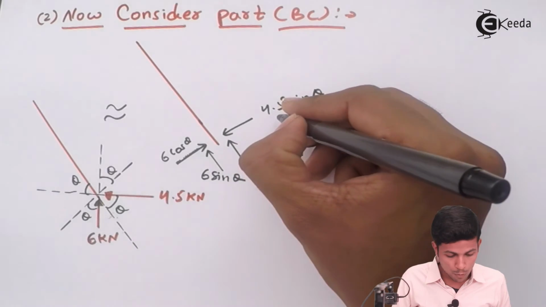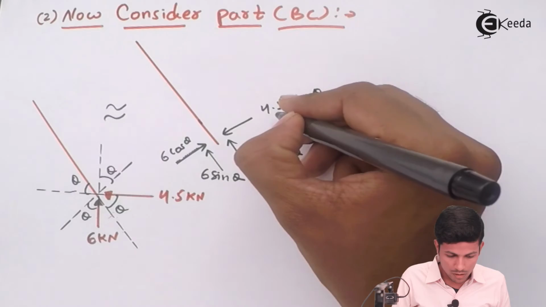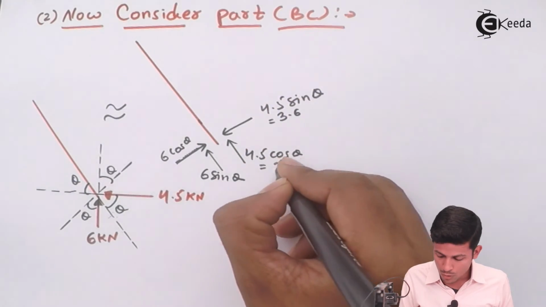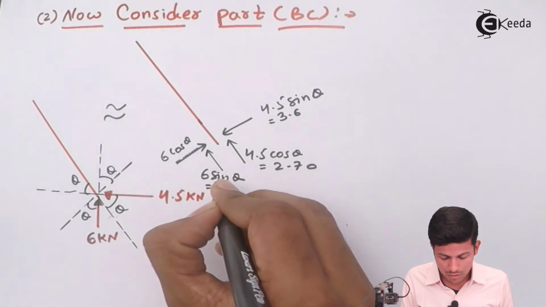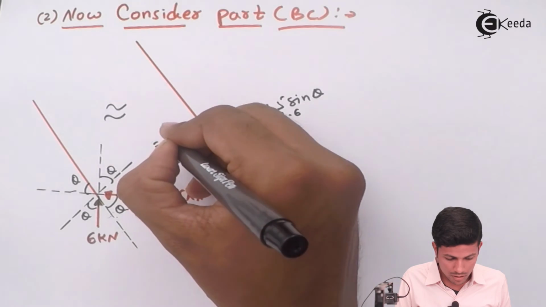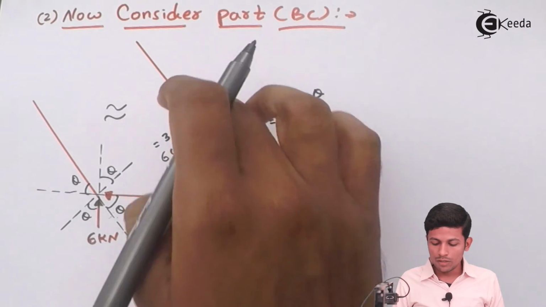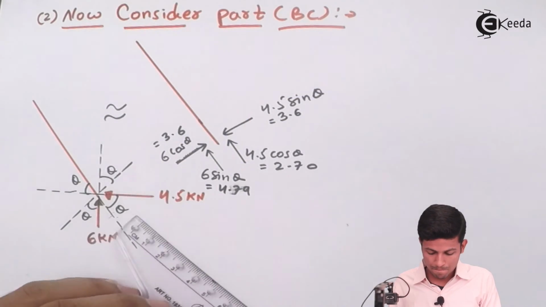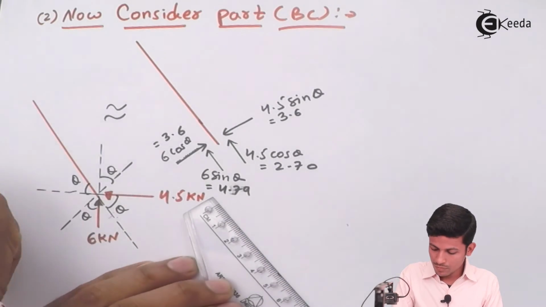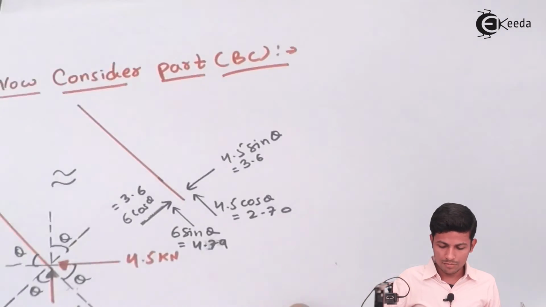Now put all the values. This value you got is 3.6, this value is 2.70, this value is 4.79, and this value is 3.6. Now balance this part over here. Write it in the next page.